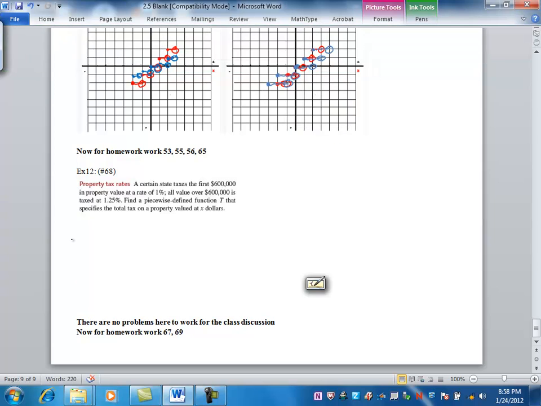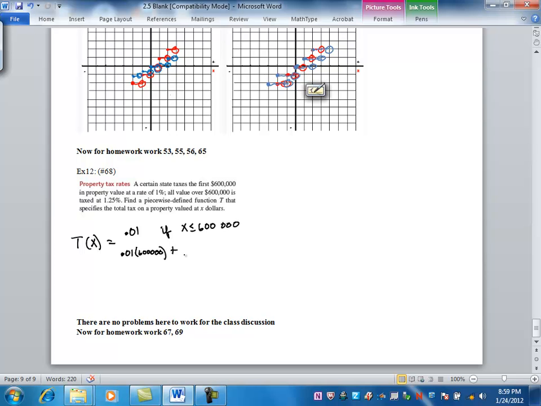Well, here we go. We've got our function T of x, so our input is going to be x, and my tax rate is 1% if x is less than or equal to 600,000. And then if we go over 600,000, well, then our tax rate becomes, and of course we're going to look at what we have to pay already. We've got 1% of the first 600,000 plus now 1.25% for everything over that.